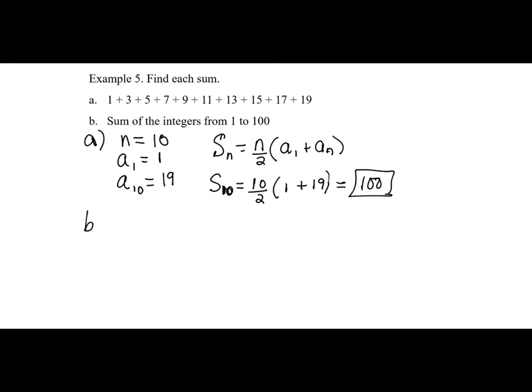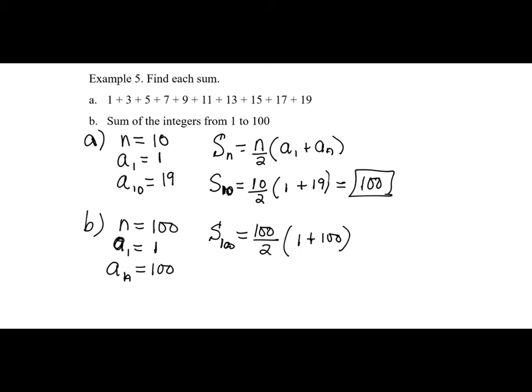Now for part B, they're not showing us the list, but they're telling us to find the sum between 1 and 100. So I know if I'm going between 1 and 100, I'm going to have 100 terms in the sequence. And I know that my first term is going to be the number 1, and my last term, because it's going to 100, is 100. So S of 100 is going to equal 100 over 2 times 1 plus 100.